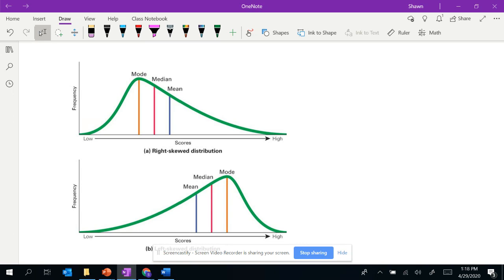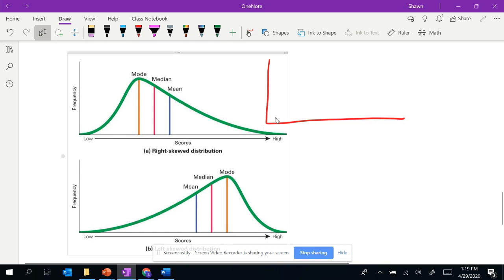Now I'm going to take a look at one that I don't have a graph of, but we're going to make a graph of this. And that is a bimodal distribution. Bimodal distribution means we have two peaks like that.